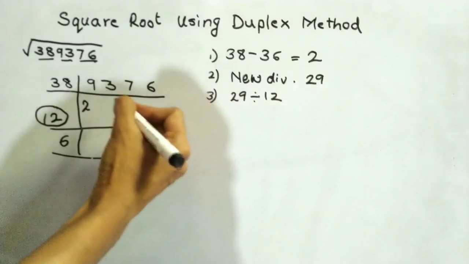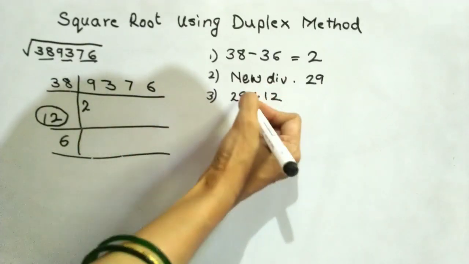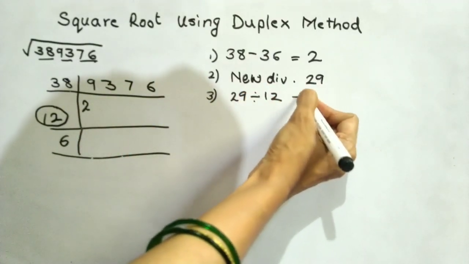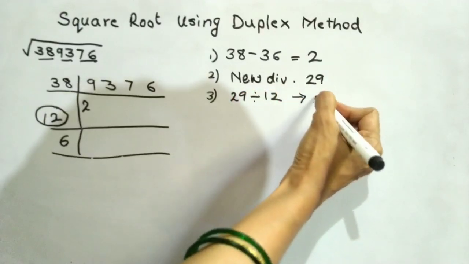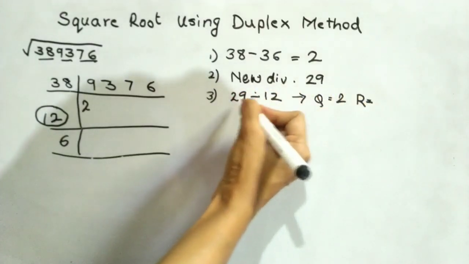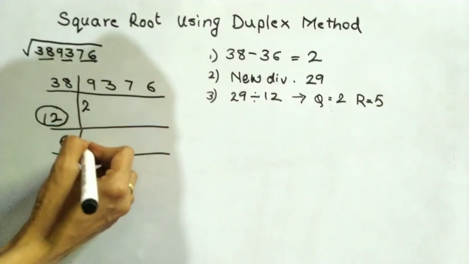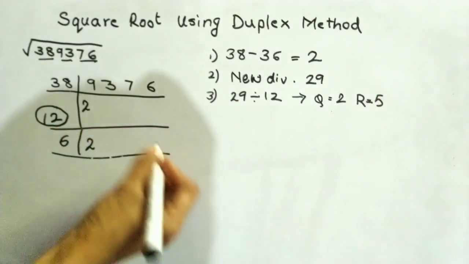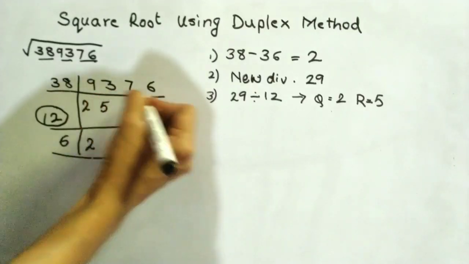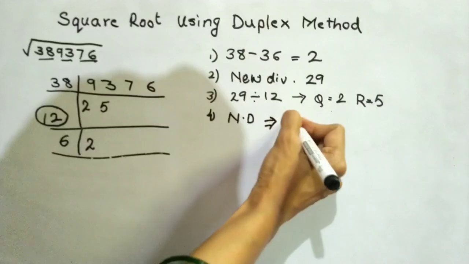You will come to know what I mean by this in the next step. So now while dividing, 12 2s are 24. So the quotient is 2 and the remainder is 5. This quotient we write here and the remainder we write here, and now our new dividend is 53.